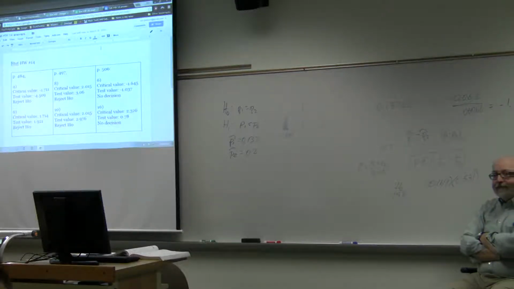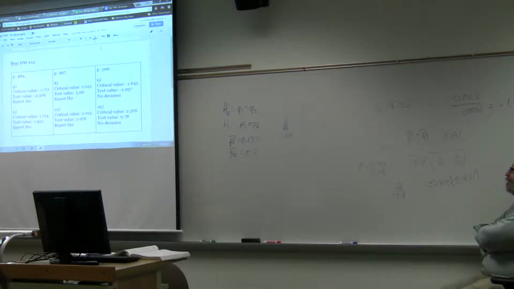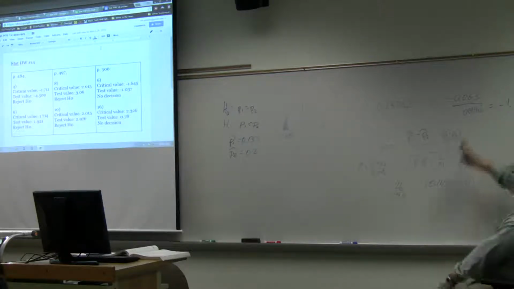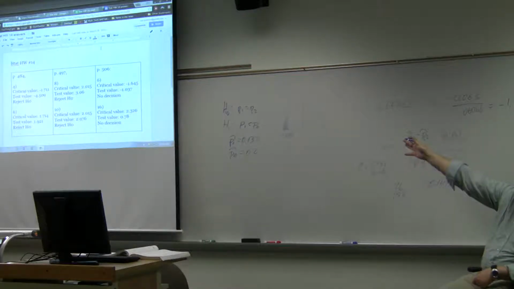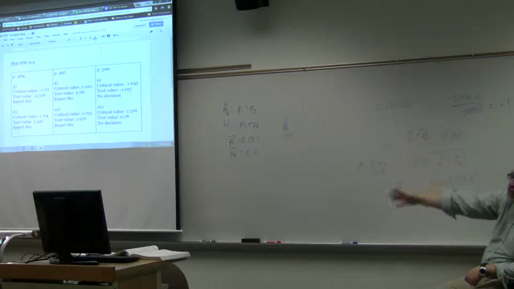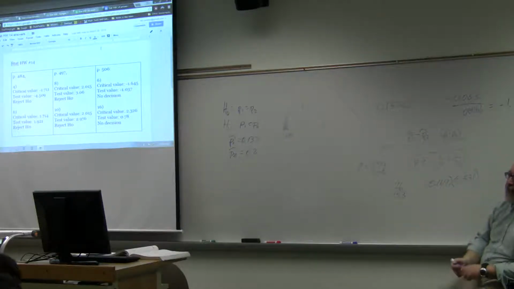Because it is in the rejection region. Well, you had a 50-50 chance. Unfortunately, it's not in the rejection region. This number, negative 1.039, is not in the rejection region, so we do not reject the null hypothesis. So that means we say no decision. There is not evidence proven.